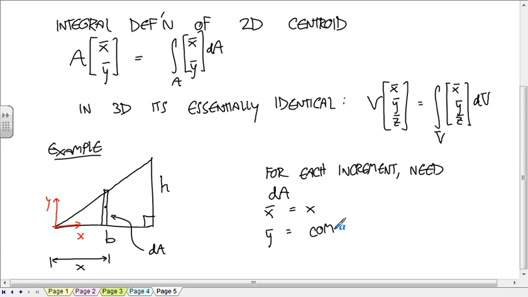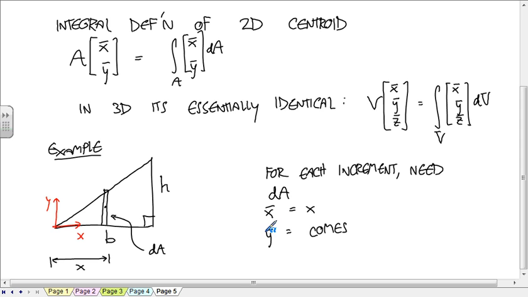We know that its height follows the function of this line. And that line we can represent, because of where I chose the origin to be, as y equals h over b times x.